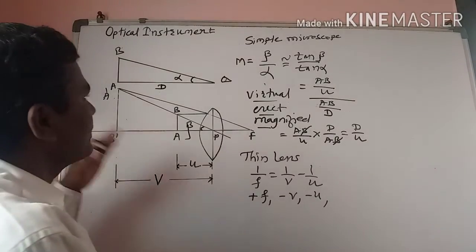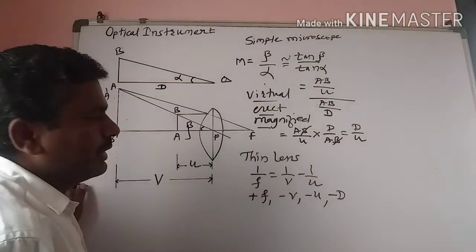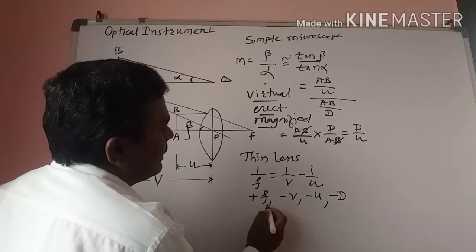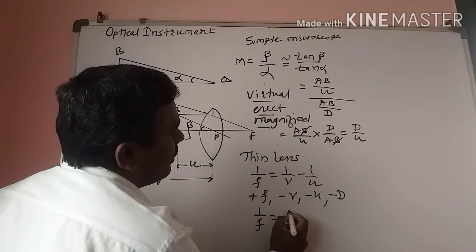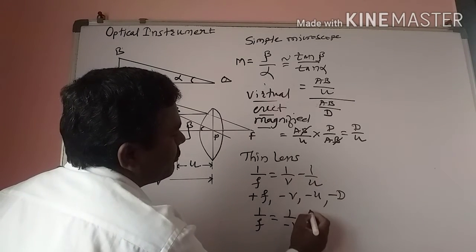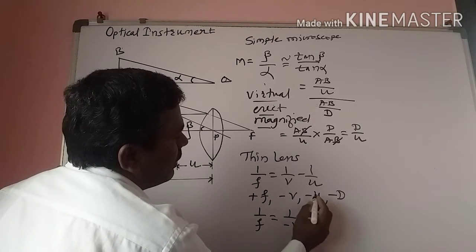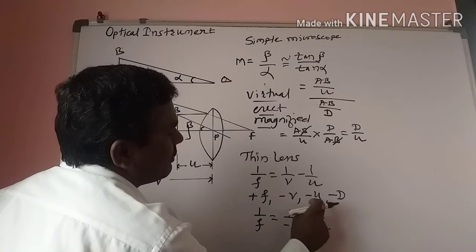The distance of distinct vision is also on the left side, so it is minus D. Taking these values, we get 1 upon F is equal to minus 1 upon V plus 1 upon U.